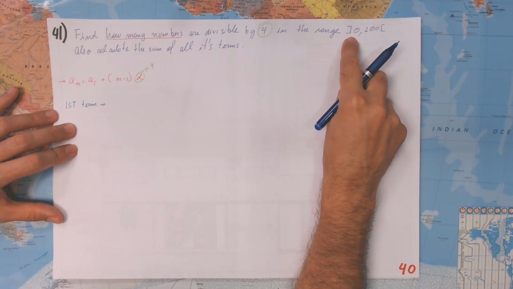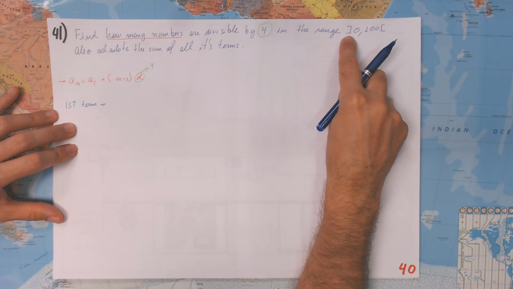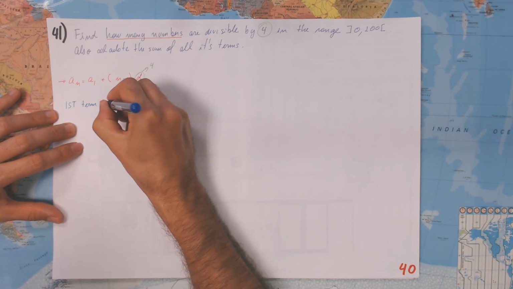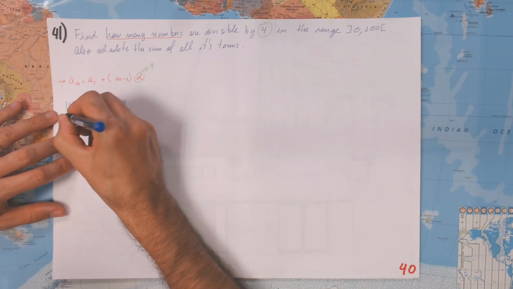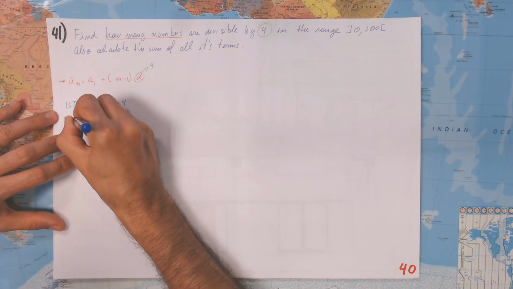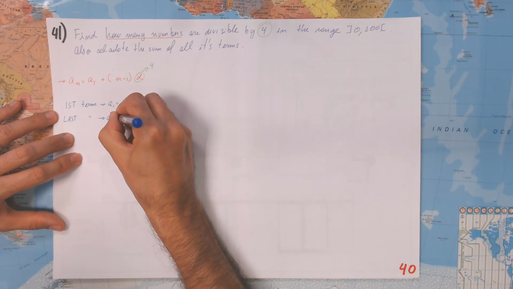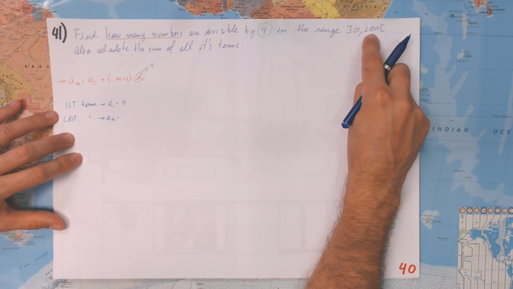It could be 0, but we're not going to choose 0 because it's not allowed, okay? It starts at 0, but excluding it. So the next one is going to be 4. So A1 is going to be 4. What's going to be the last, An? Well, it could be 100, but why?